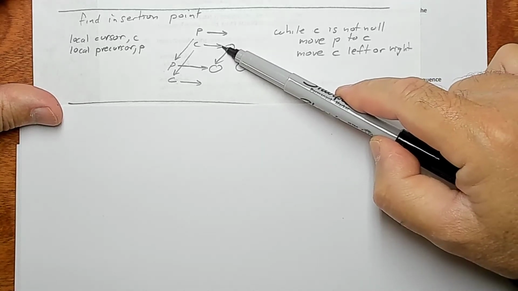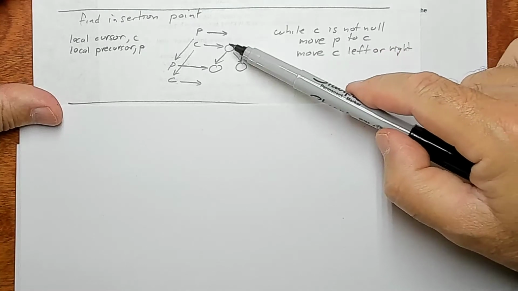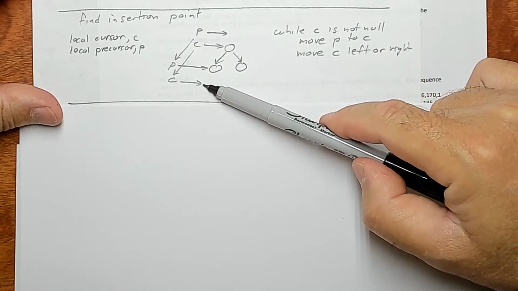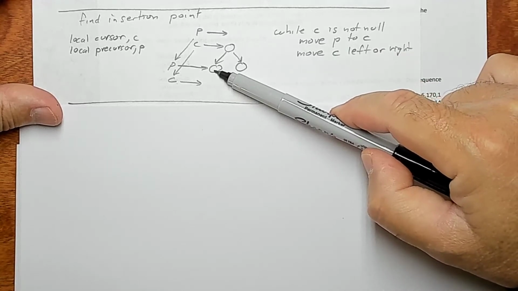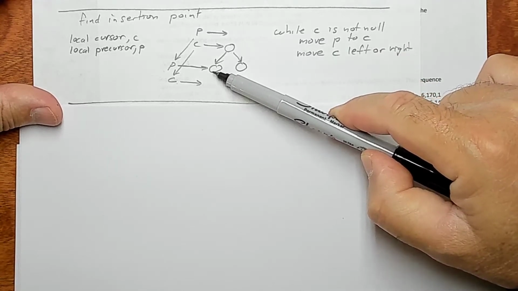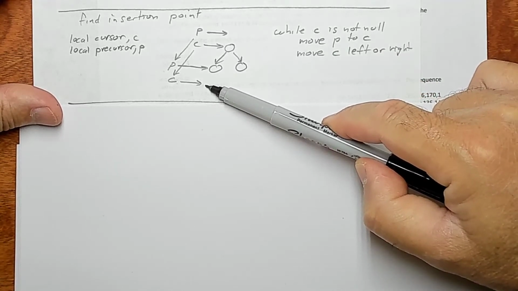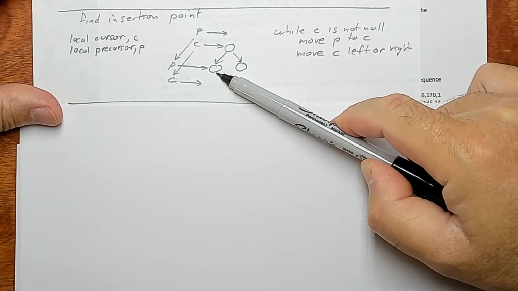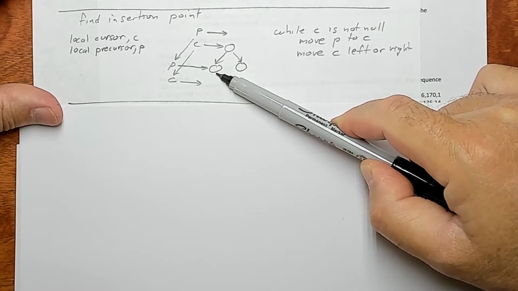And then when you get to this condition, that is when the cursor is pointing to nothing, it means you found the insertion point at P. Because you found a blank spot, and C is pointing to nothing and P is pointing to the last node before nothing.